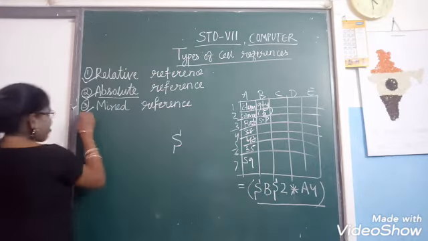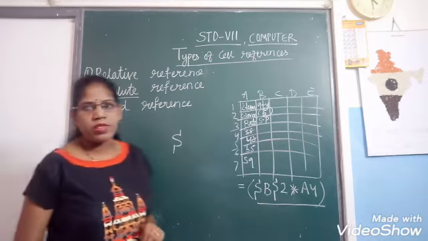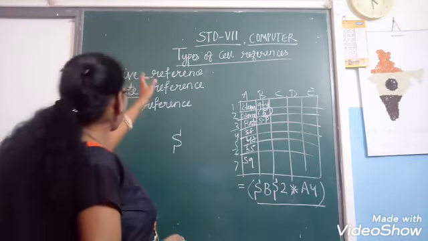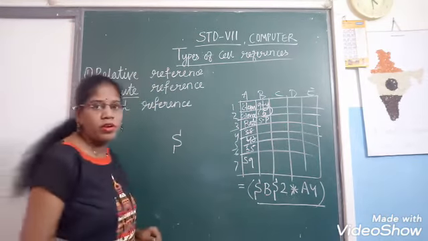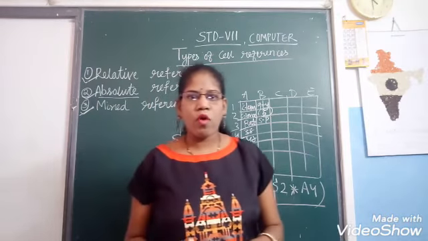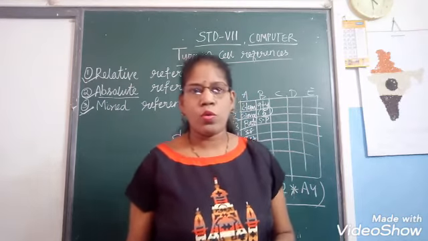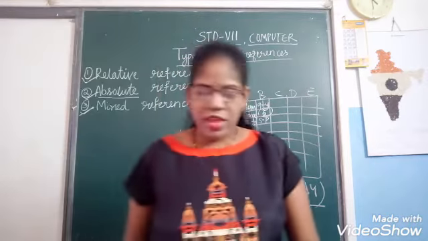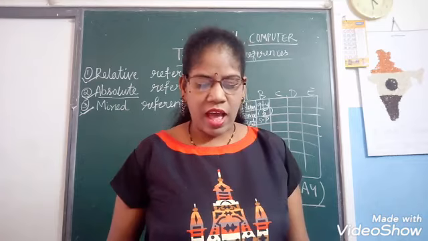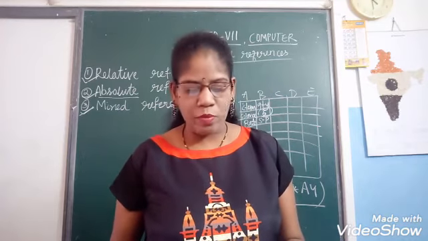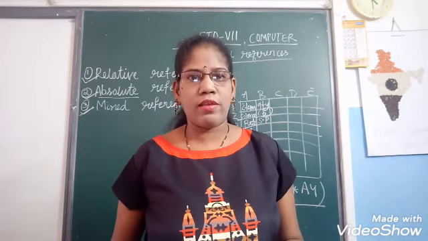And what is mixed reference? Mixed reference is a mix of relative and absolute reference, where we want either the column constant or the row constant. We use a mixed reference when either the row or the column needs to be kept constant.